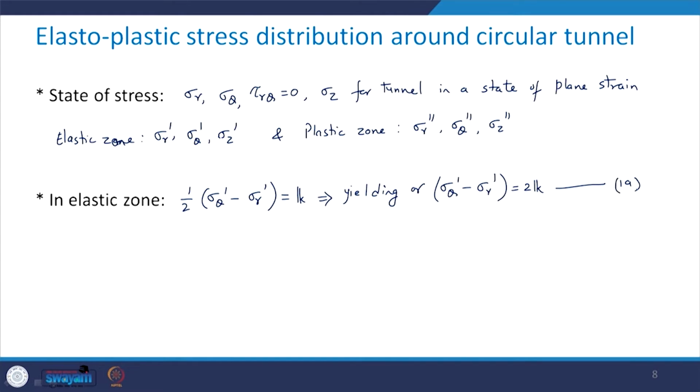What happens in the plastic zone? We will have half of sigma theta double prime minus sigma r double prime equal to kappa.